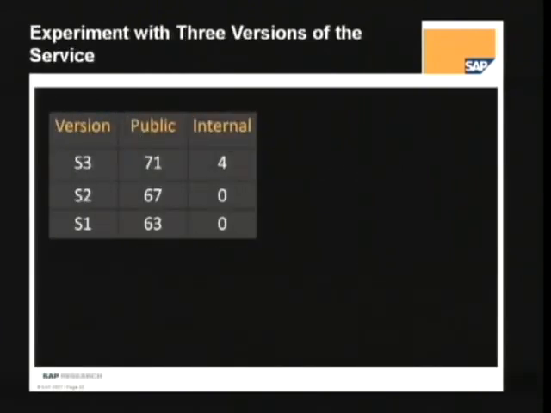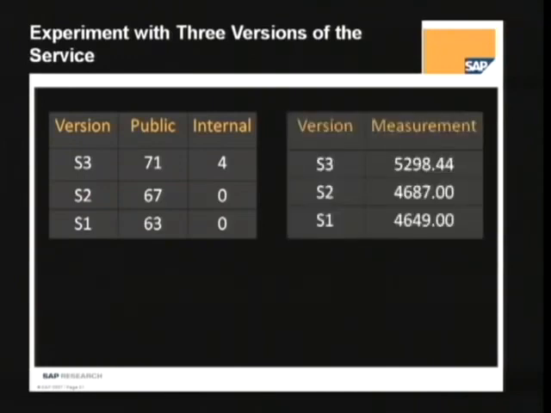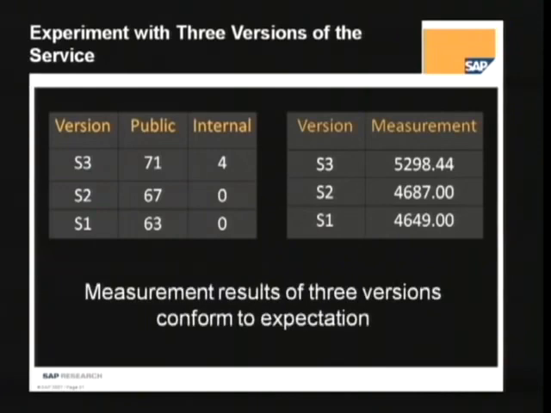So we did an experiment with three versions of the service, and we found that the latest version of the service has a slightly bigger attack surface. But the good thing here was that if you look at service 3 and compare it to service 2 and 1, the earlier versions, the developers defined 4 interfaces as internal interfaces, which cannot be accessed from outside, right?